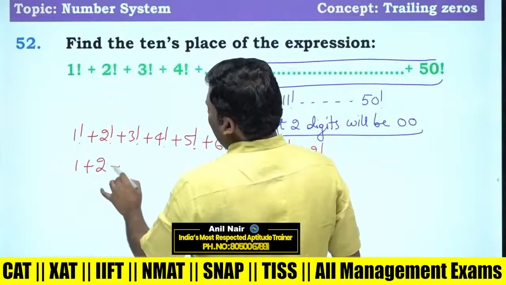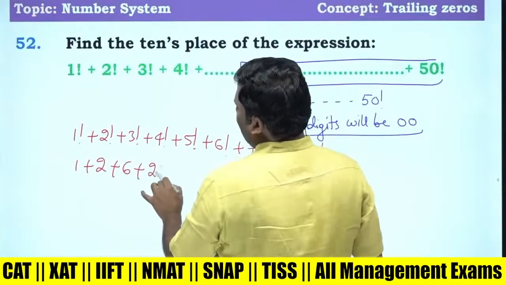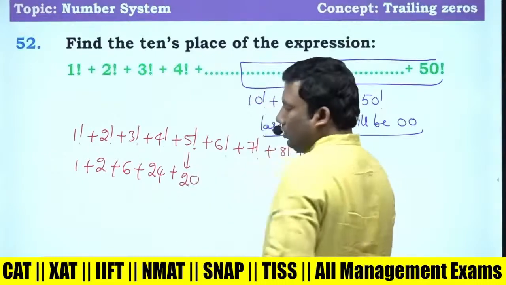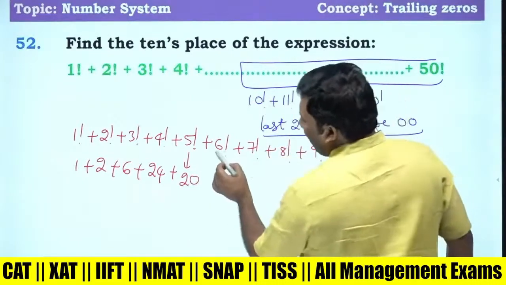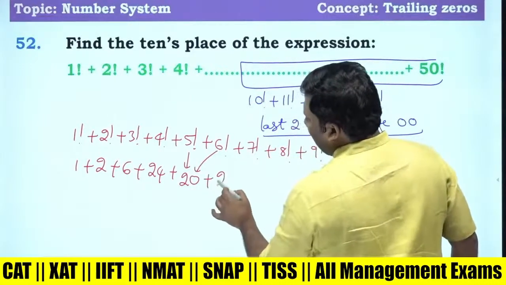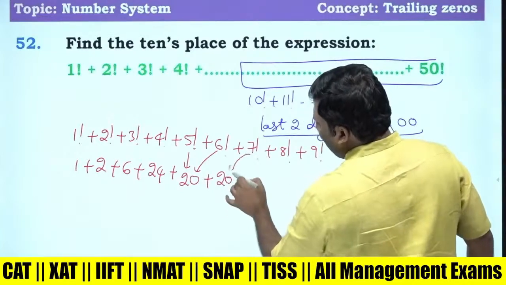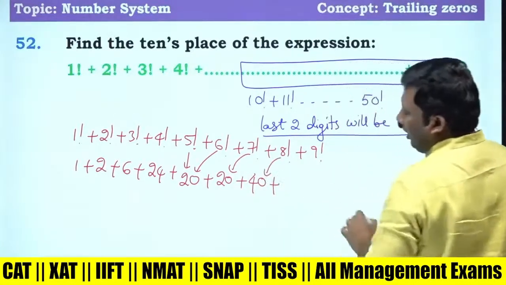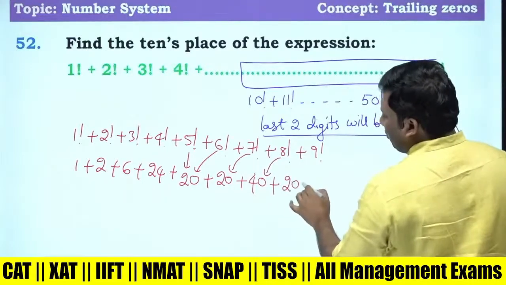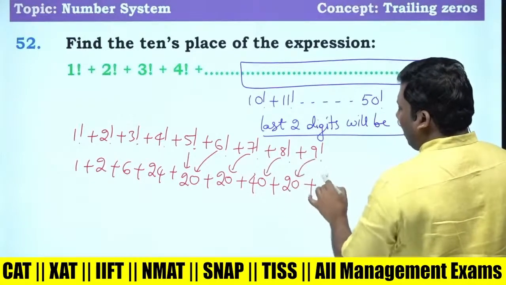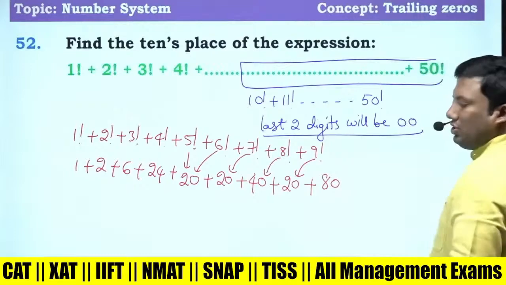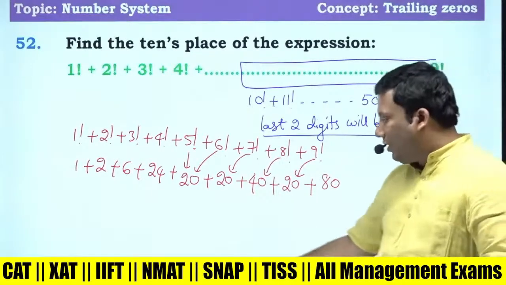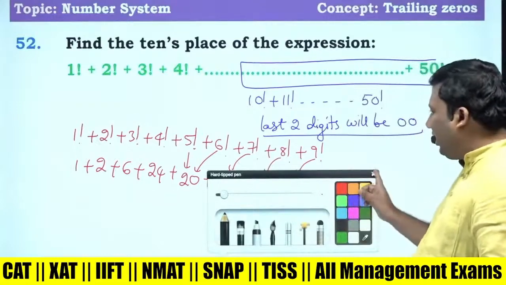These are all easy values. 6 plus 24. 5 factorial, it is 120. 6 factorial, 6 into 20, 120. 7 factorial, 7 into 20, 140. 8 factorial, 8 into 40, 320. 9 factorial, 9 into 20, 80. Just by looking at the question itself, you are getting the last two digits very easily.